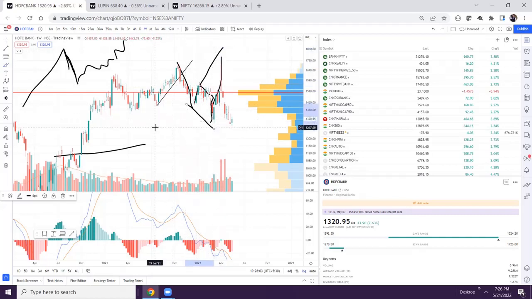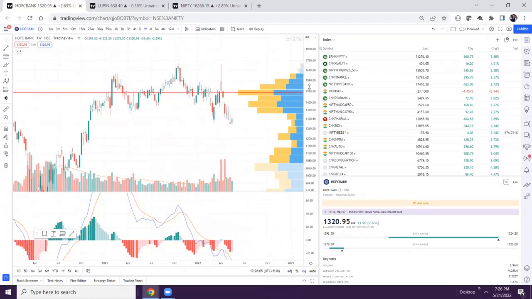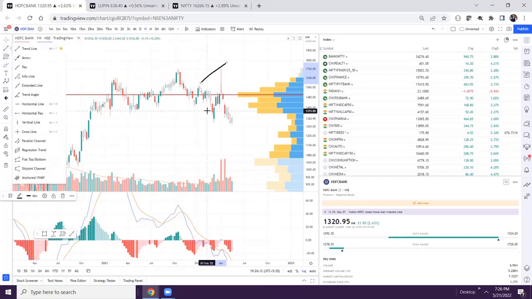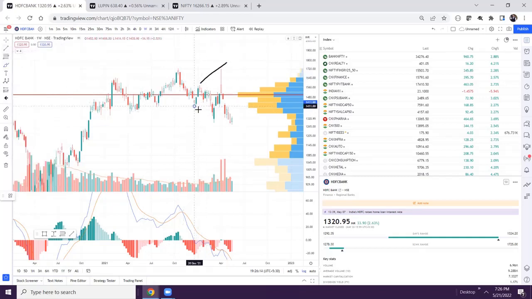So see, these patterns are present everywhere. Just your eye needs to be trained to see this. The same pattern was there on the S&P 500 also.